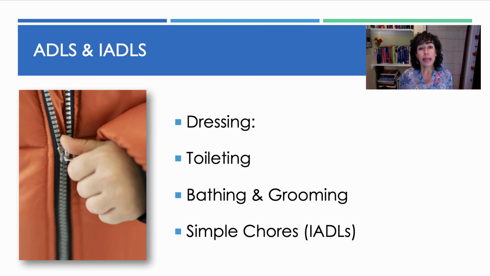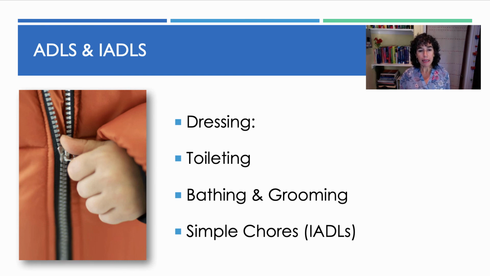We also see an increase in ADLs and IADLs. So in terms of activities of daily living, the child in preschool age is starting to dress themselves more fully, and definitely undressing comes first. They are mastering toileting if they haven't already. They are starting by about 4 years of age to negotiate zippers and shoes and socks, with the exception of tying shoes, which won't happen until about 5, 6, 7, even 7 years of age.